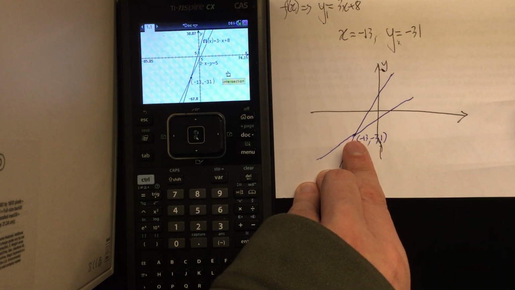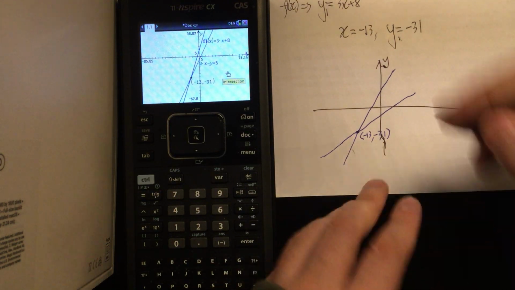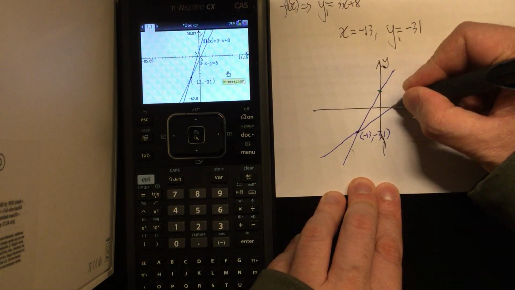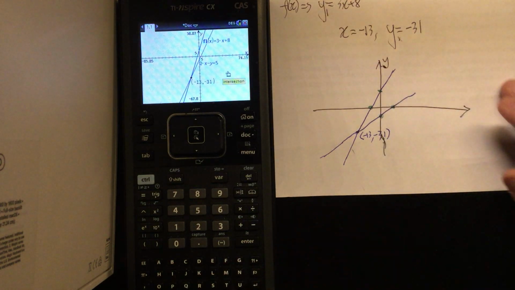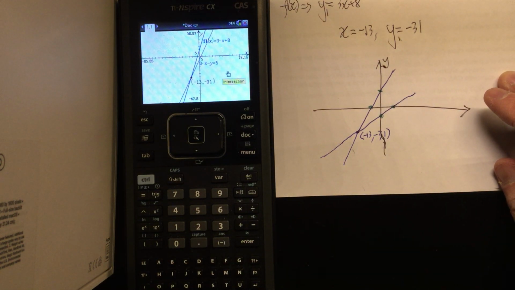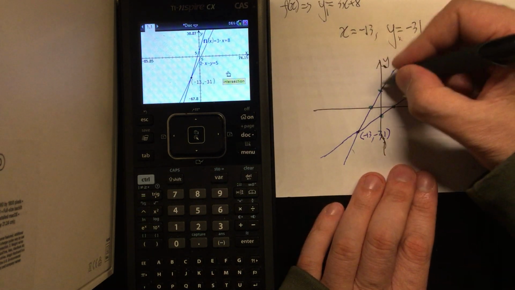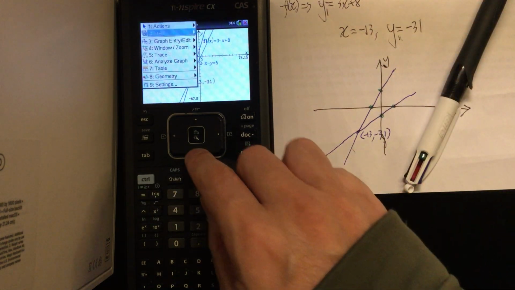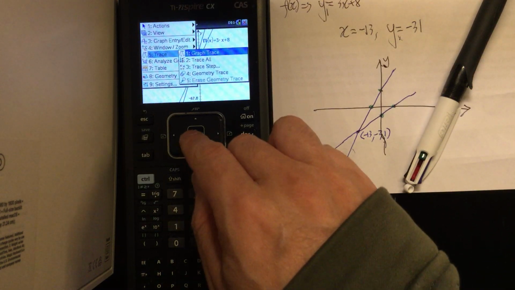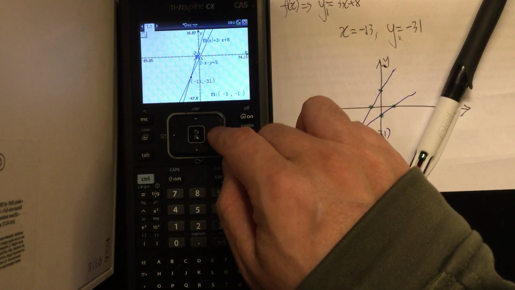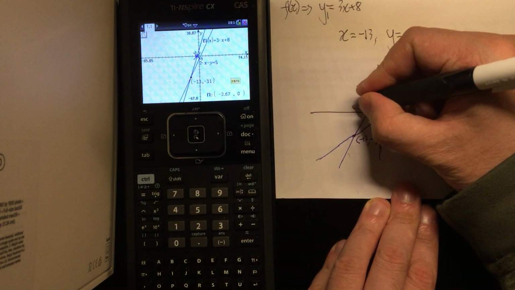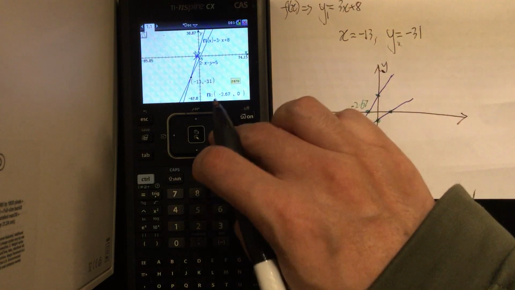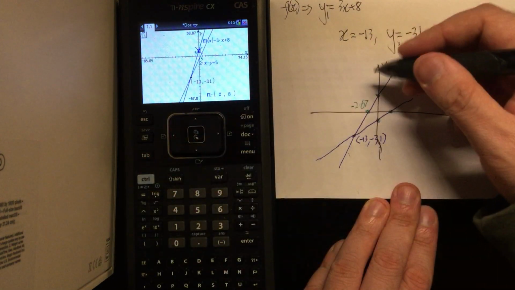Next, very important, is the x and y intercepts. Now you could do it on the graphics calculator itself by using trace. If I trace this, I get a 0. If I keep going up, there we go, hang on.